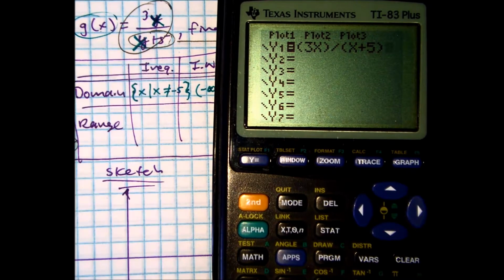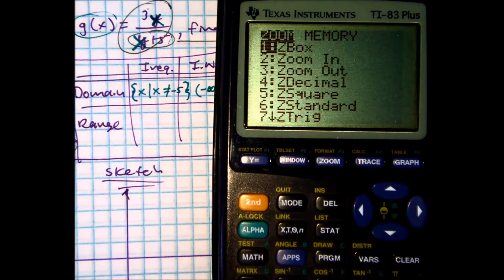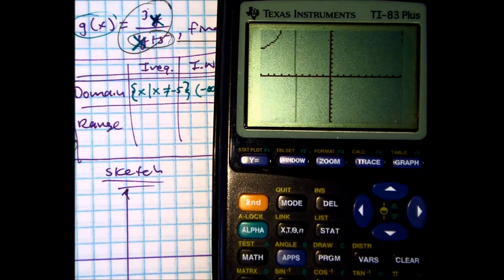Punch it in. And then how do I get a graph? I'm going to press zoom. What number? 6.